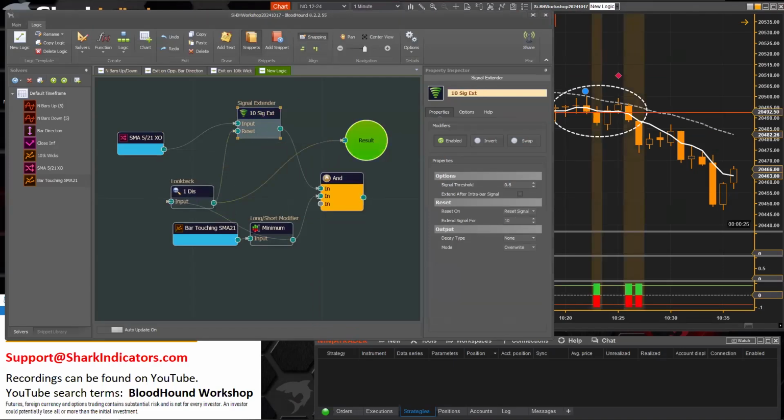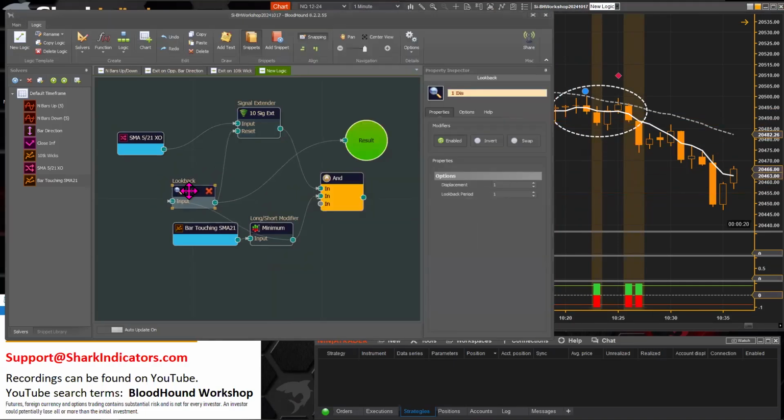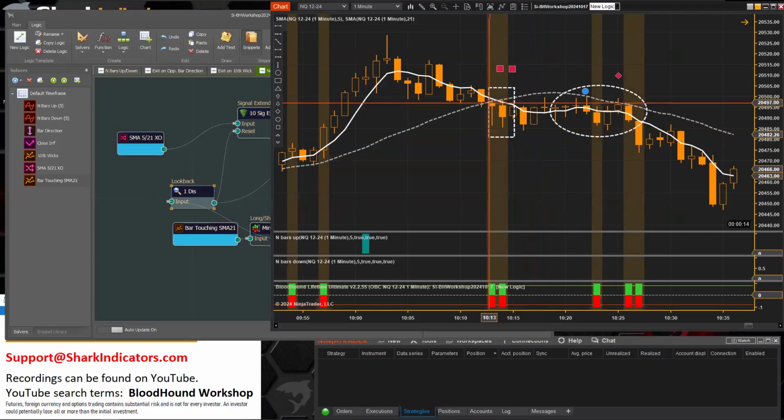Let's take a look here. Yeah, so this is the reset signal here. We can see we have a reset here and we have a reset here. So we have a reset on the first crossover bar, but there's no reset on the second one.